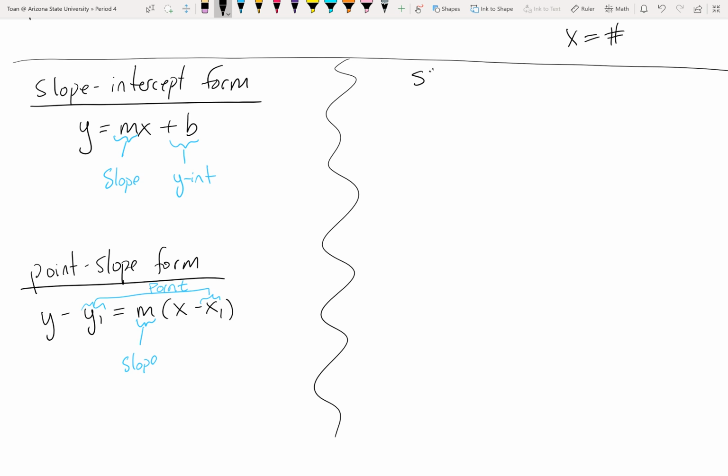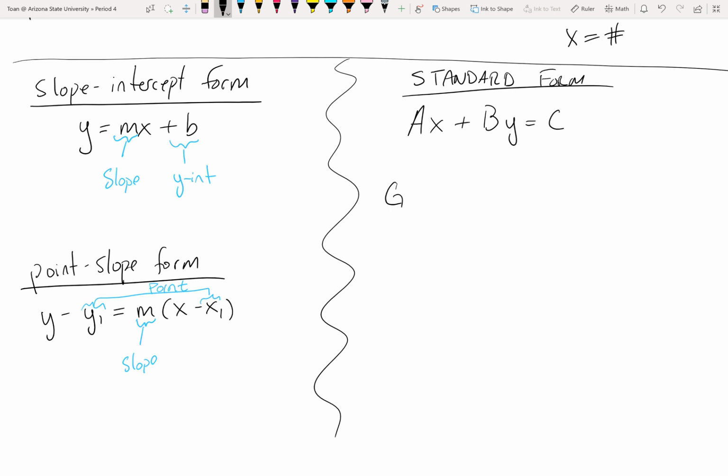They are standard form, these equations look like some number times x plus some number times y equals some number c. So standard form has the variables on one side and the numbers on the other.